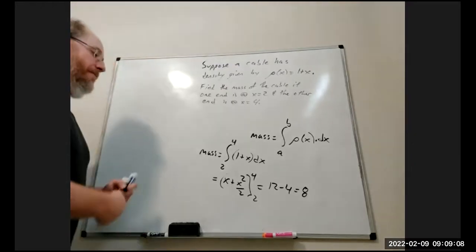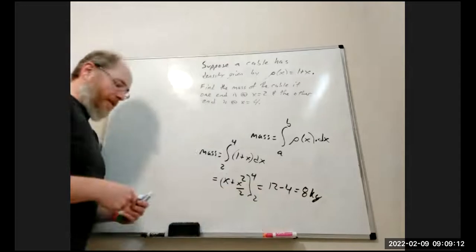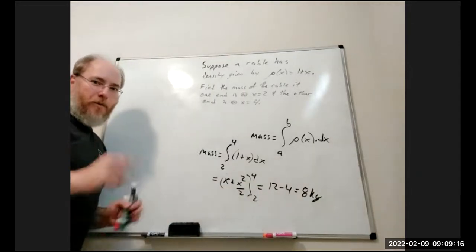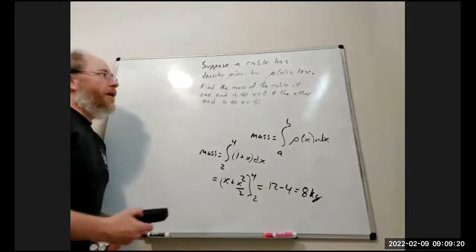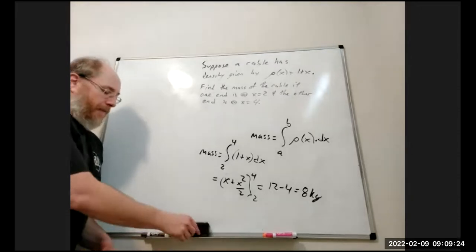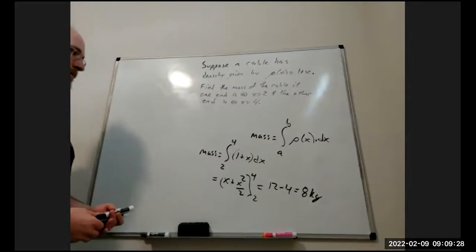Anyway, so 8, and I'm gonna go ahead and put kilograms on it. So if you want to get the mass of something, just integrate the density. Boom, no big deal. All right, so there's your first kind of application of integrals in the physics world.